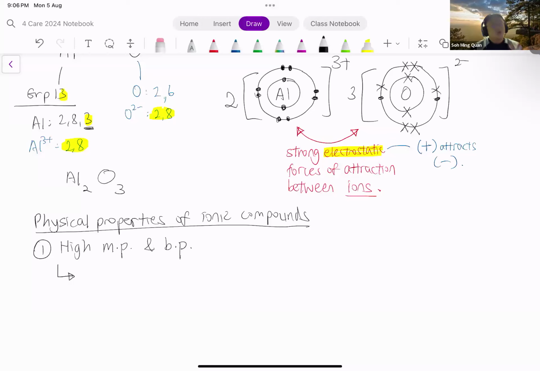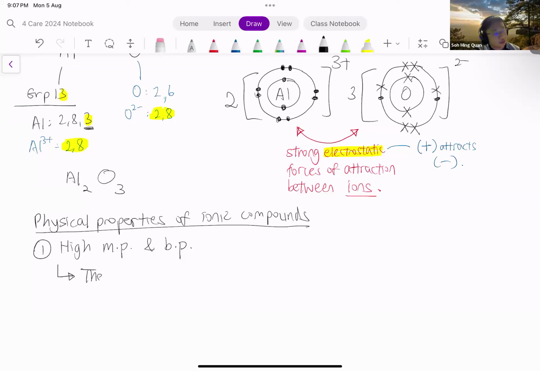Now, in order to melt a substance, you have to allow the particles to actually move further apart. And for them to move further apart, you have to overcome the forces of attraction between them. So now let's think, what are the forces of attraction present in an ionic compound called?